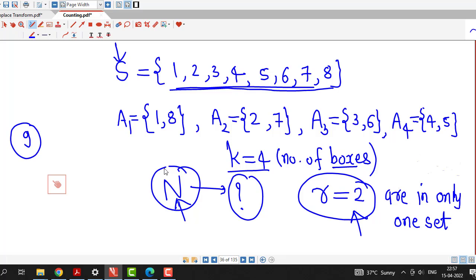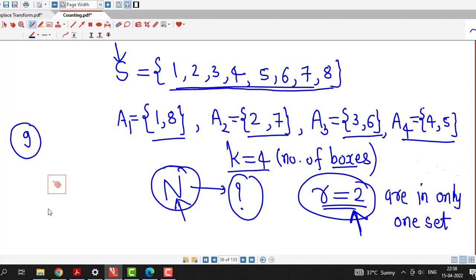So how many elements capital N should we select such that two elements are in one set or in one box? If two elements are in one box, then their sum will automatically be equal to 9 because we have taken elements in these sets in such a way that their addition is 9.